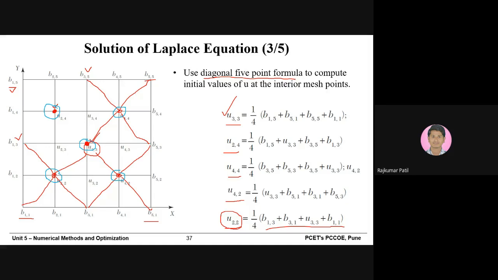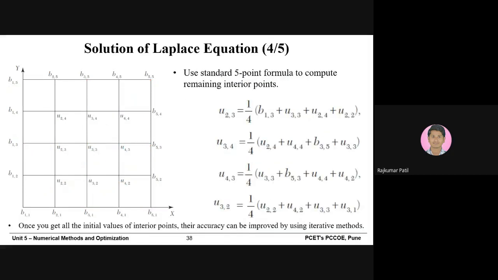These 5 points we estimated by using the diagonal 5-point formula. Then we will use the standard 5-point formula to calculate the remaining points, that is u34, u43, u32 and u23.